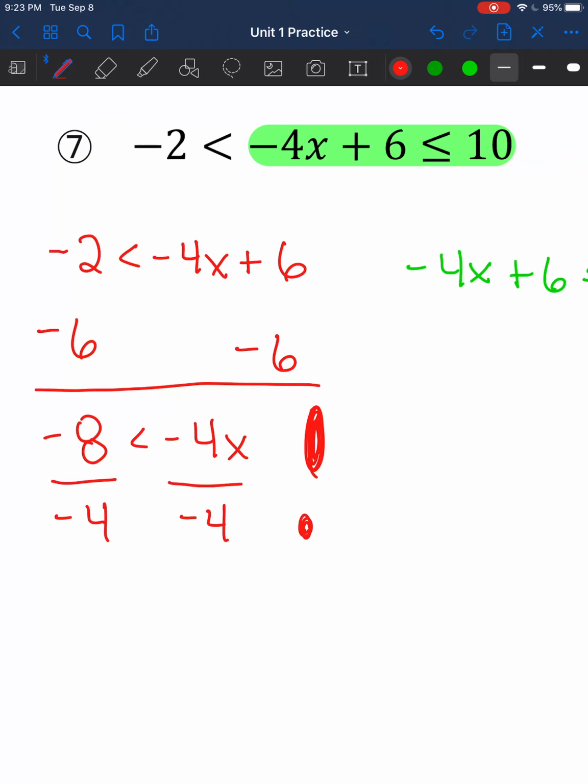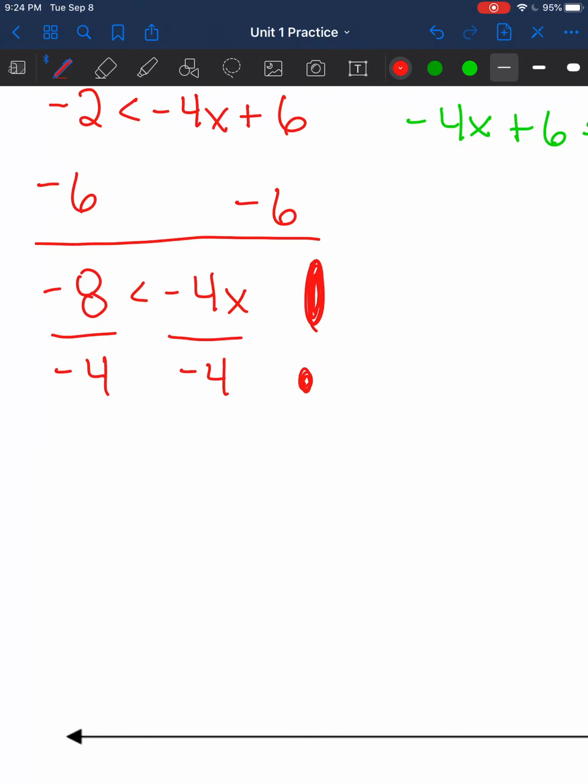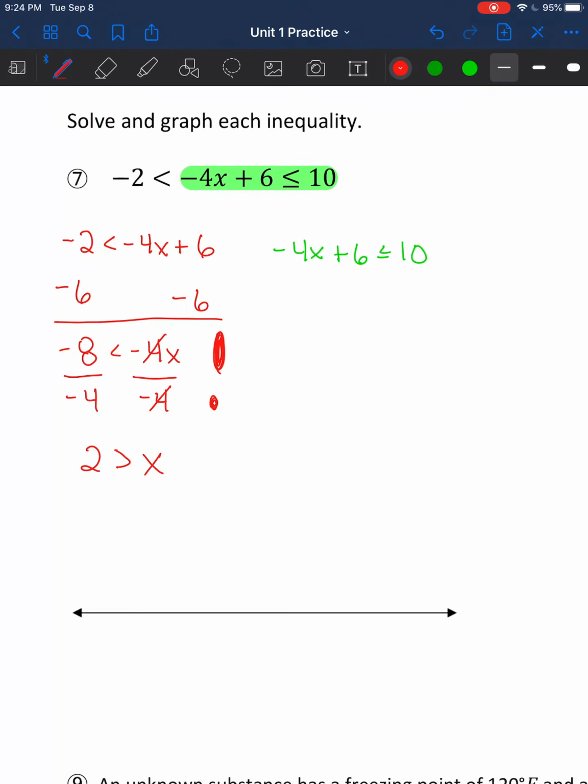Since I'm dividing by a negative, my inequality sign reverses direction. Negative 8 divided by negative 4 is 2, and I have x on the right side. So this says that 2 is greater than x, or x is less than 2.